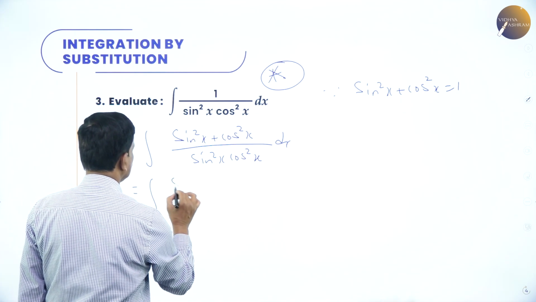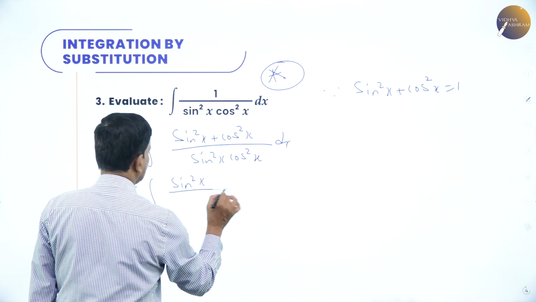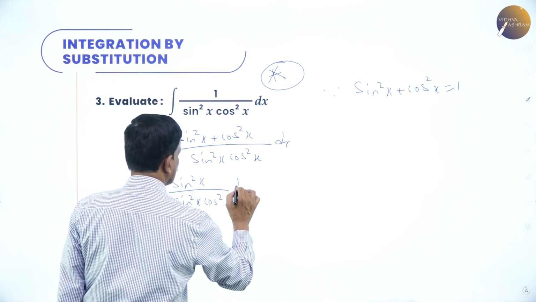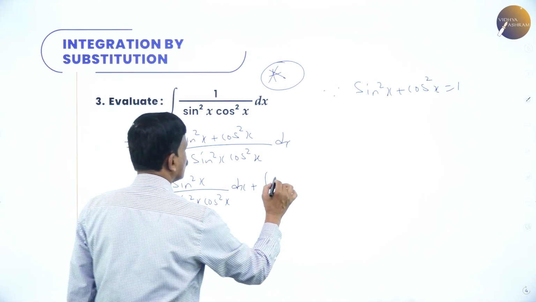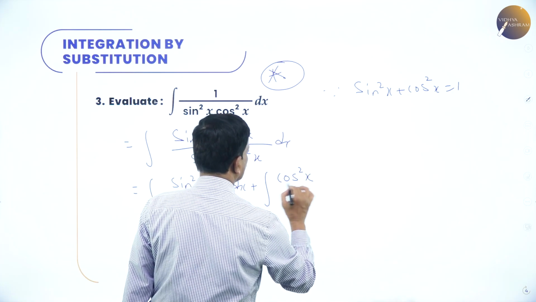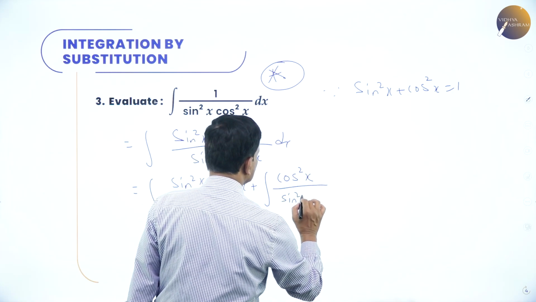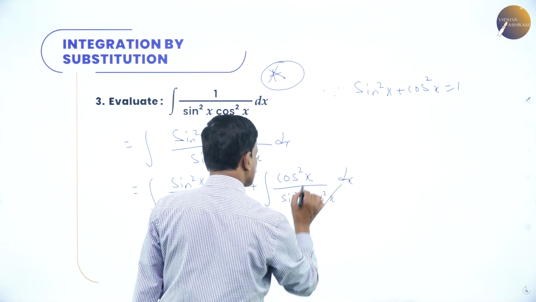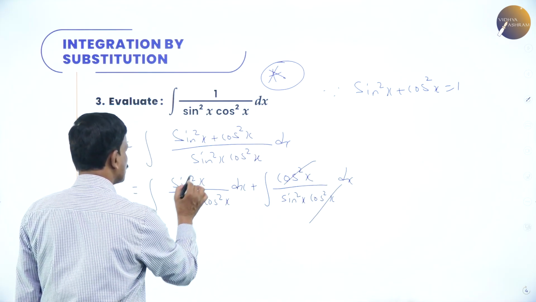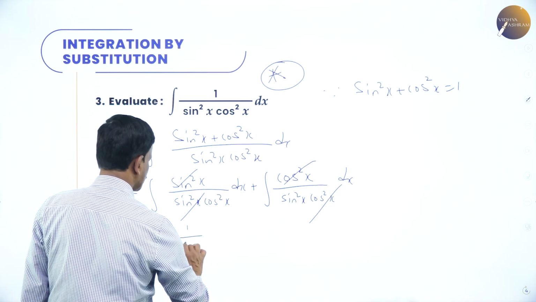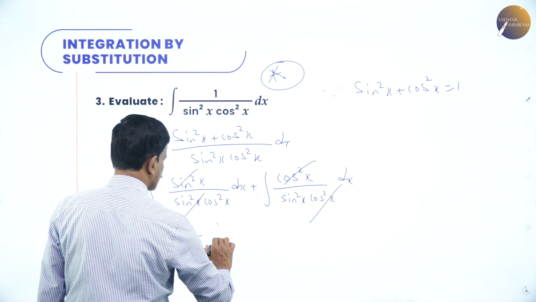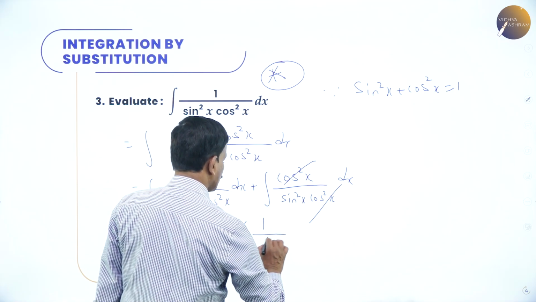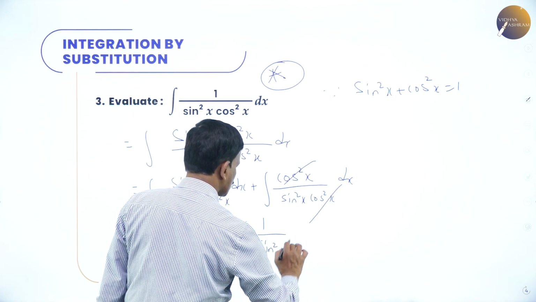So in the numerator just put sin square plus cos square, term by term division. This is equal to integral of sin square x divided by sin square x into cos square x dx, plus integral of cos square x divided by sin square x into cos square x dx. Cos square gets cancelled, sin square gets cancelled. 1 over cos square dx plus 1 over sin square x dx.